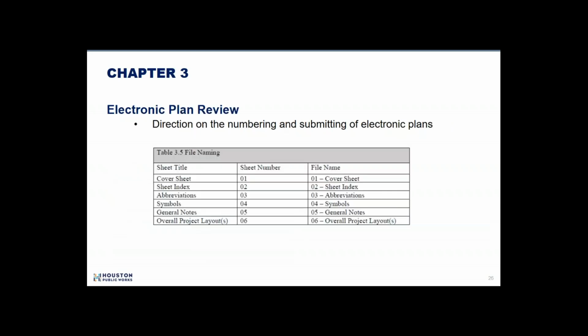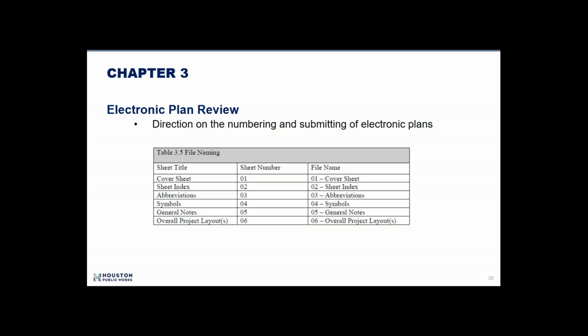We also provide guidance on electronic plan review. So Chapter 3 is plan production, creating your plan profiles. But if you're coming to the Houston Permitting Center, you're going to be asked to submit electronic plan reviews. Capital projects is now doing an intake, hopefully going to this soon as well.